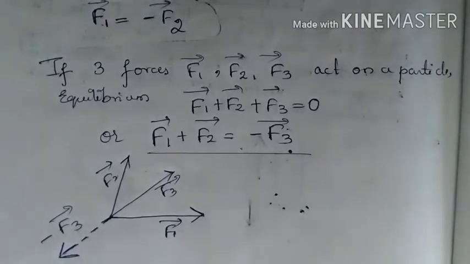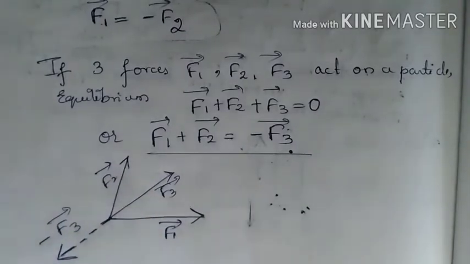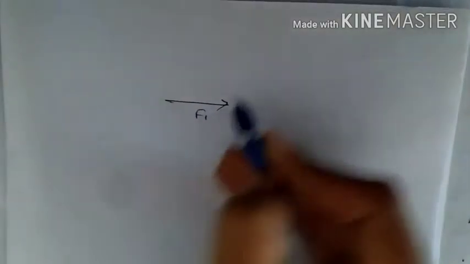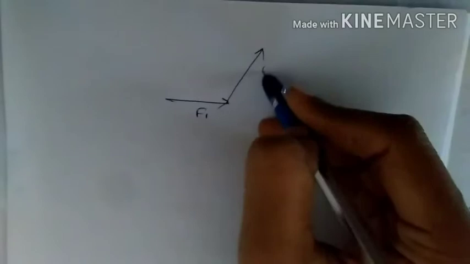So you can also represent these three vectors in a triangle. So I'll draw here. So here you have got a triangle. So for F1, this is the vector, F2 and F3.